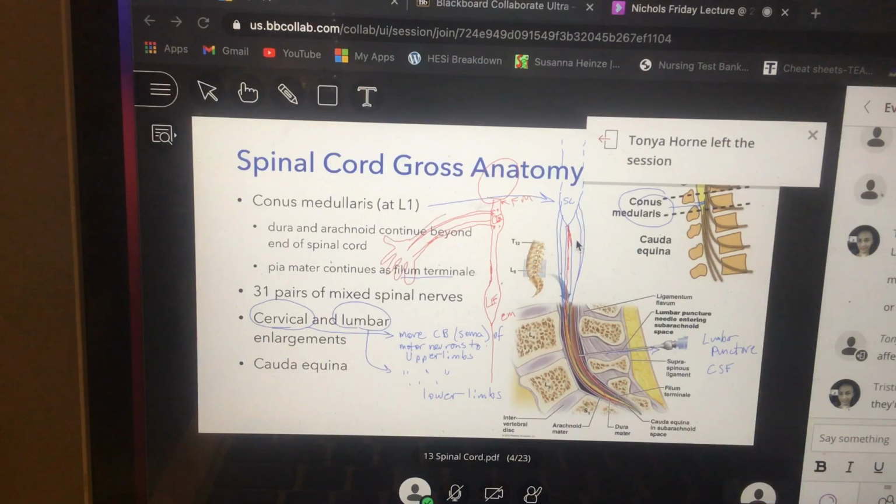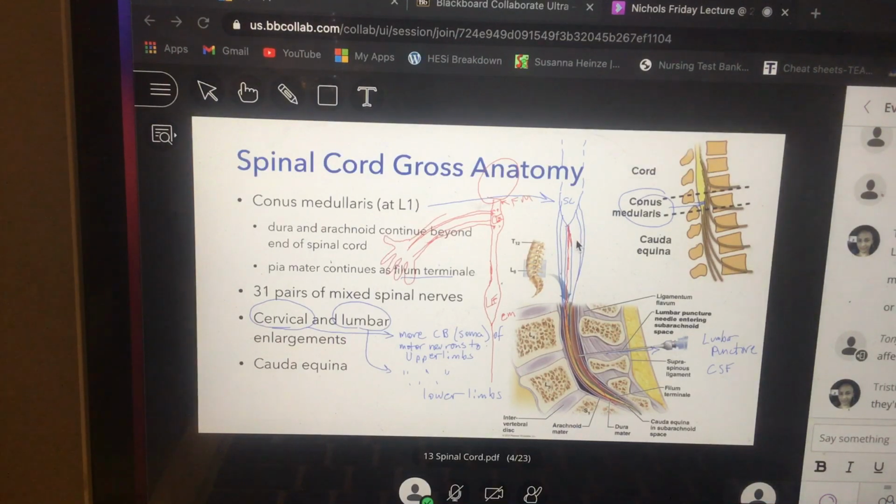And the lumbar enlargement has the ones that go to your lower limbs. Okay, so these go all the way down to your feet.